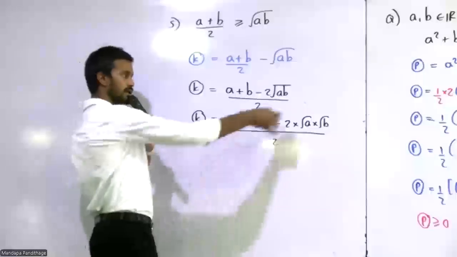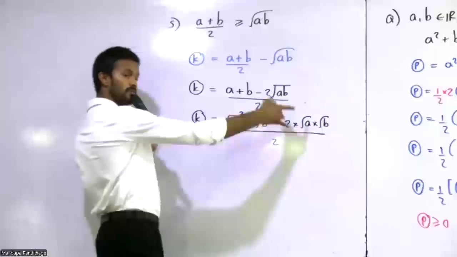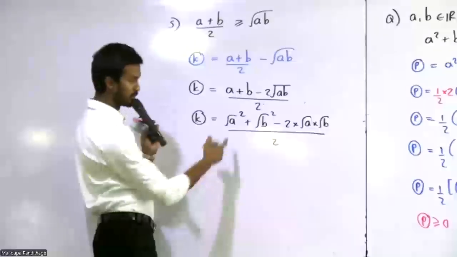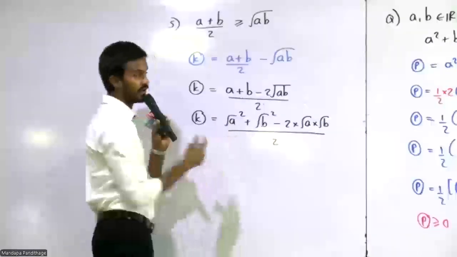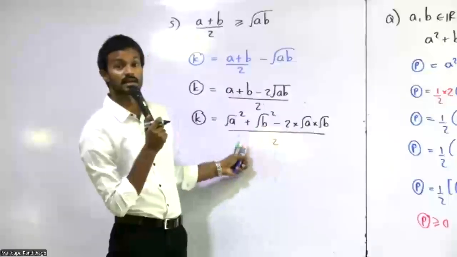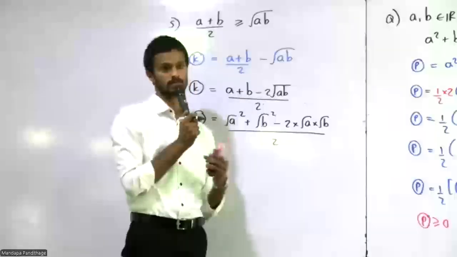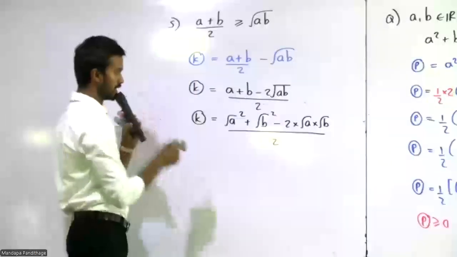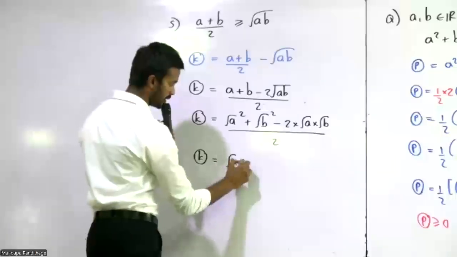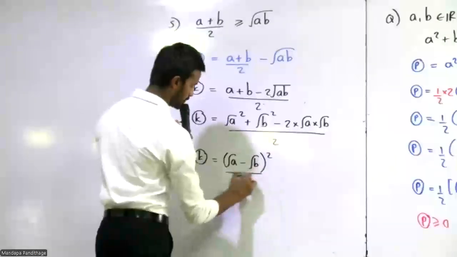Tell me, what is in the numerator? Root a squared, you can see the square of this one, plus the square of this one, minus 2 times the product. What is this? Root a minus root b squared. So here the numerator gets reduced to root a minus root b squared over 2.